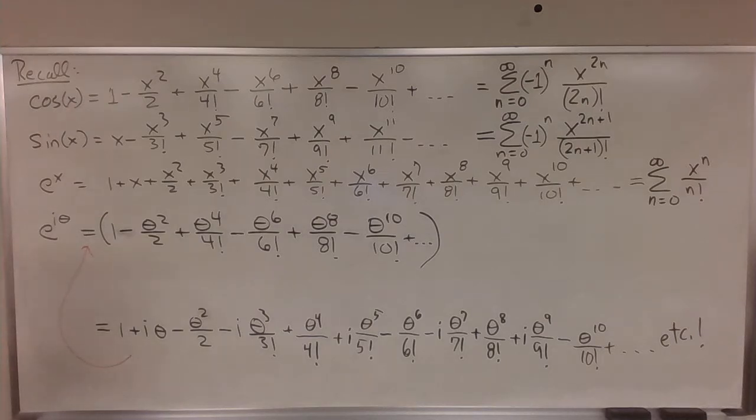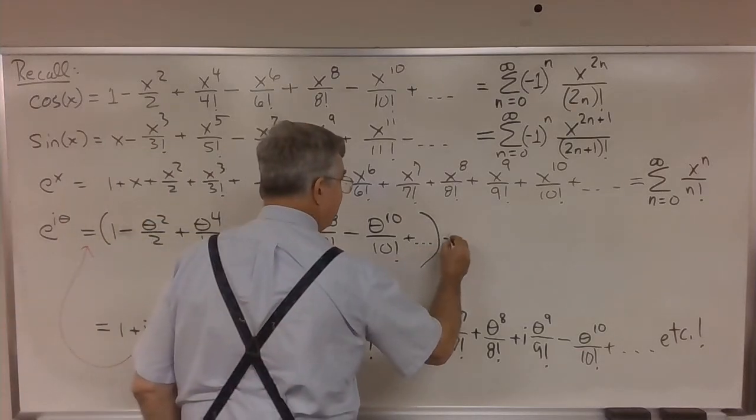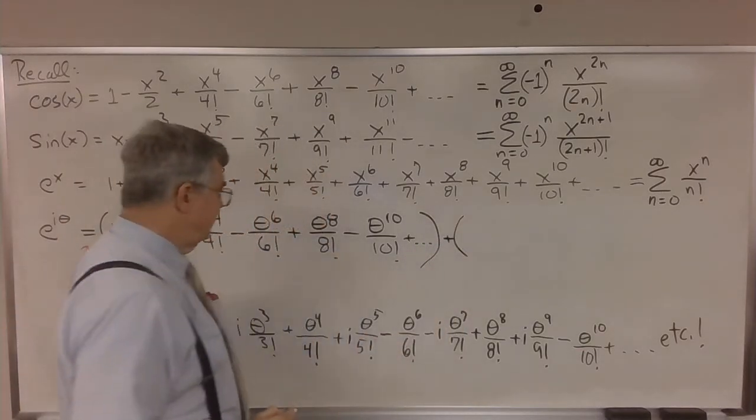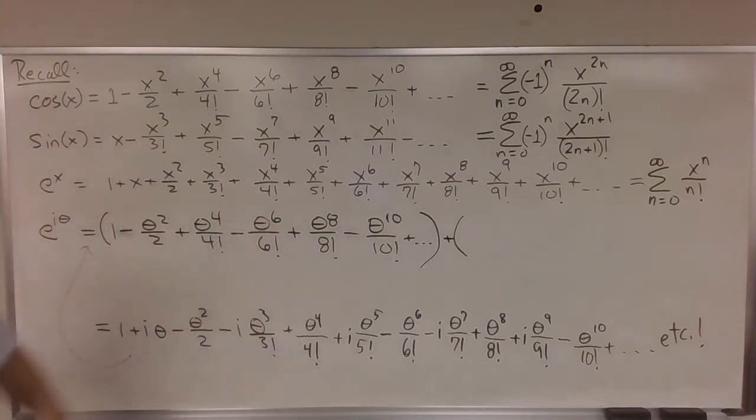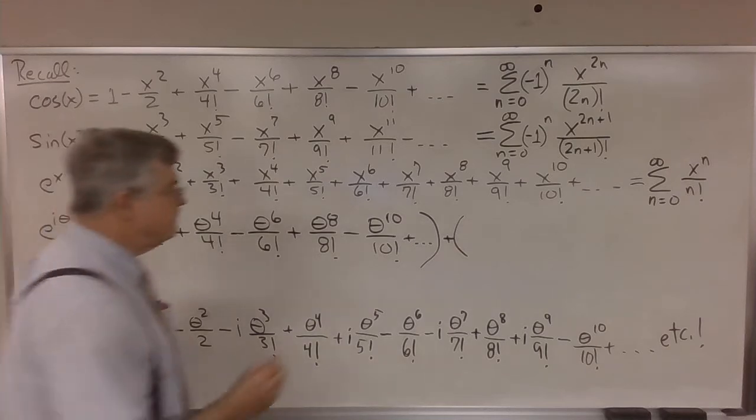And to make everything, well, what the heck, I guess I'll just try to scrunch all of the remaining terms over on that side. The terms that do have a factor of i: I have i times theta.